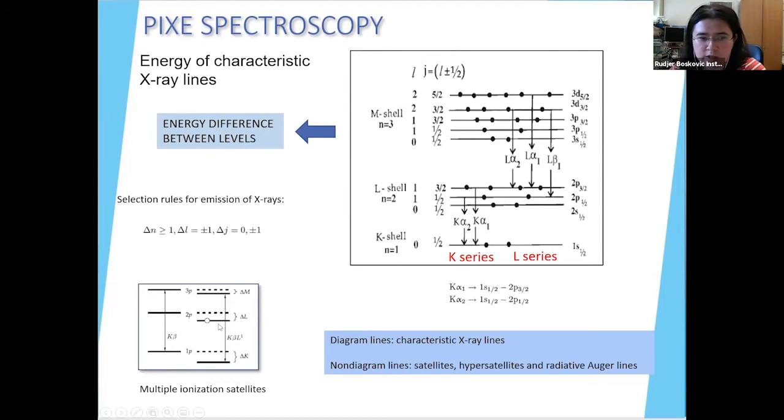The final energy difference between the levels involved in the transition will be different, so your line will appear at a higher energy, and you will have additional lines. I hope the explanation is okay.